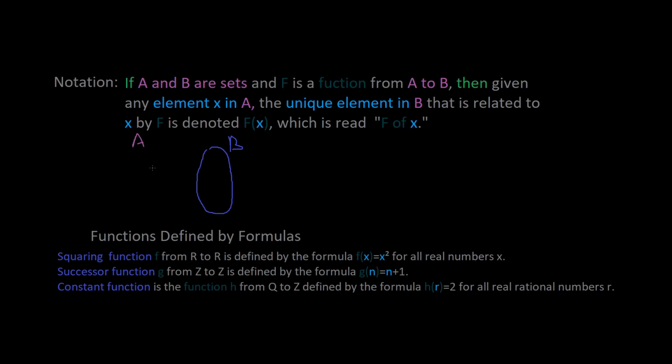And like I said, this is the whole point of this chapter. So from A to B, so A cross B, then given any element x in A, the unique element in B that is related to x by f is denoted f of x, which is read "f of x." So we just define our standard definition of what a function is.